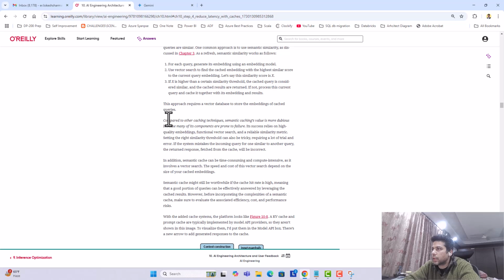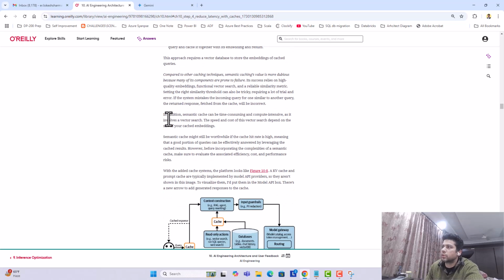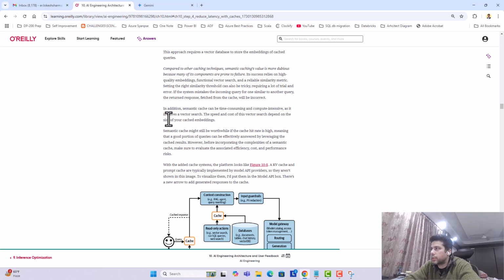Compared to other caching techniques, semantic caching's value is more dubious because its components are prone to failure. Its success relies on high-quality embeddings, functional vector search, and a reliable similarity metric. Setting the right similarity threshold can also be tricky, requiring a lot of trial and error.